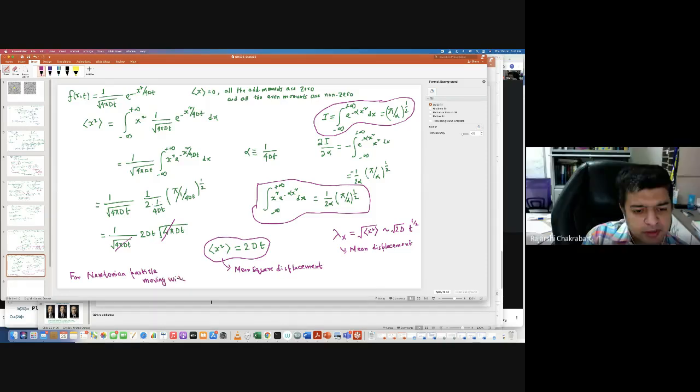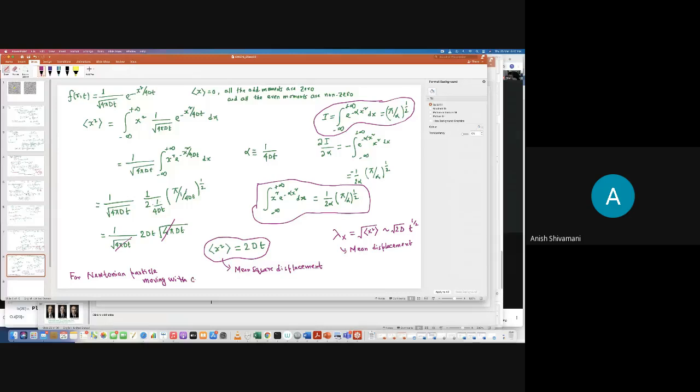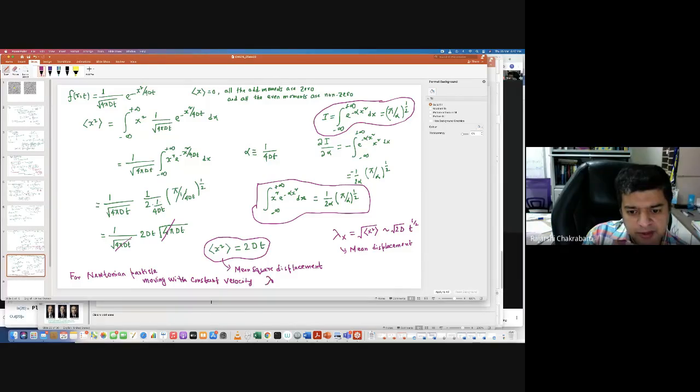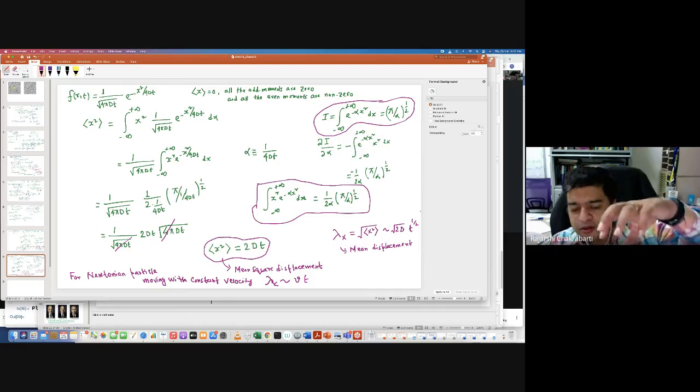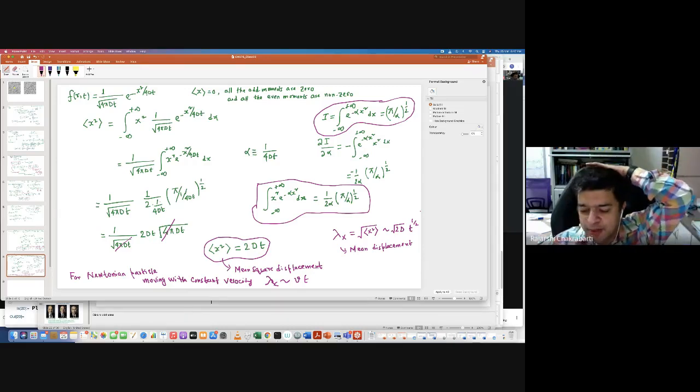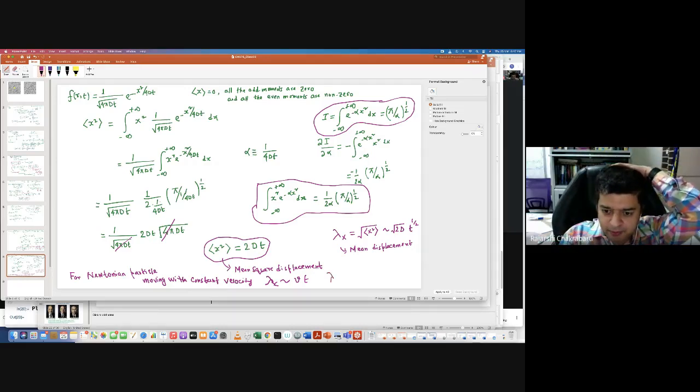The displacement x is going to be proportional to velocity times time. It is Vt, no? It is not root over t, it is linear in t. And your displacement square will be t square. That is called ballistic. So in this case it will be like t square, and this is called ballistic motion.